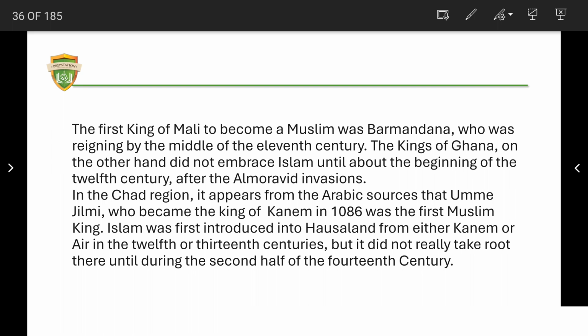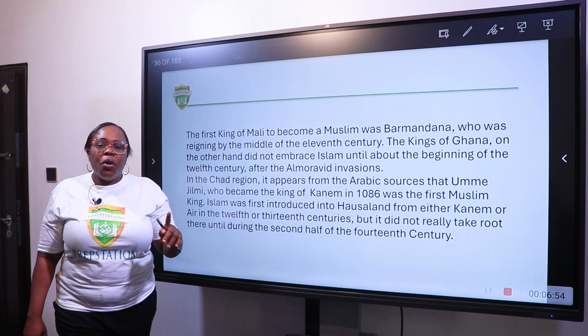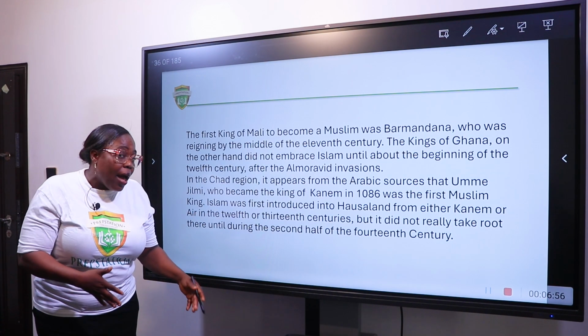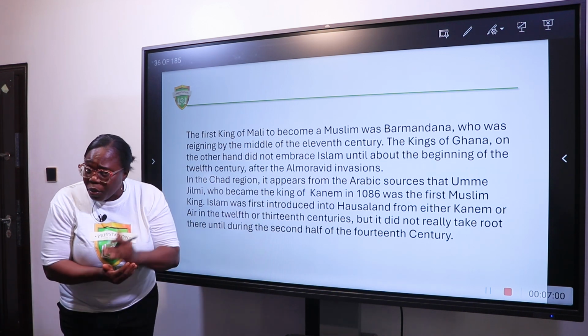Okay, it said in the Chad region, it appears from the Arabic sources that Uman Jimil, who became the king of the Kanem, was the first Muslim king. Now, the Kanem we're referring to here is the ancient Kanem-Bornu Empire. You can hear Kanem Empire or Kanem-Bornu Empire, we are talking about the same thing.